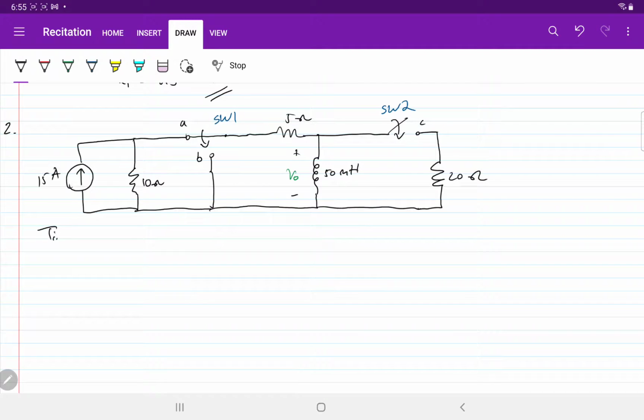The timeline. So timeline A, switch number 1 is at A for t less than 0 seconds. Switch 1 then moves from A to B at t exactly 0 seconds.